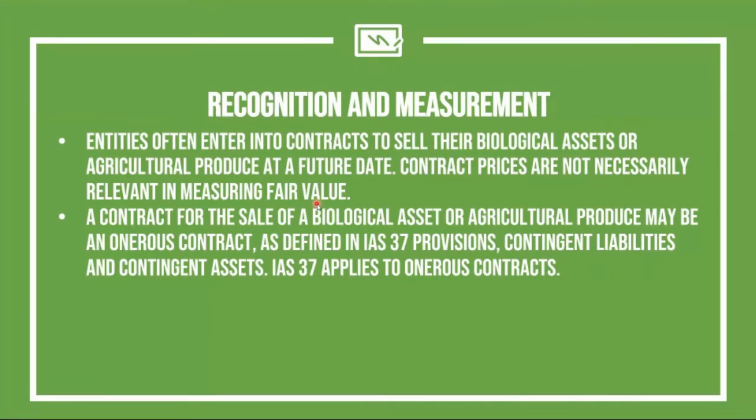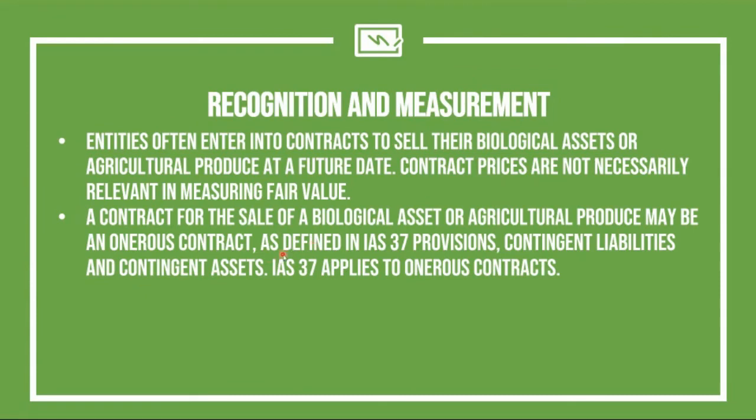So there is a difference of 50,000. The 50,000 is considered to be an onerous component of the contract, which will be considered as a contingent liability, or if it is already probable, it is already going to be a provision in relation to the contract that you're going to enter into.